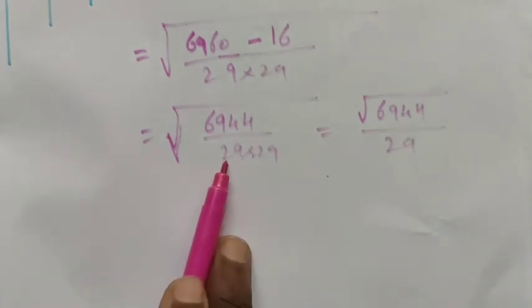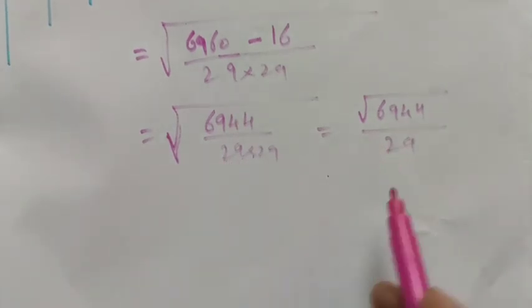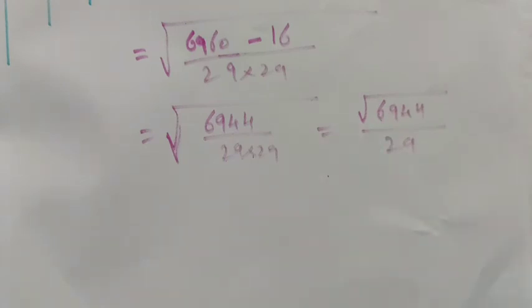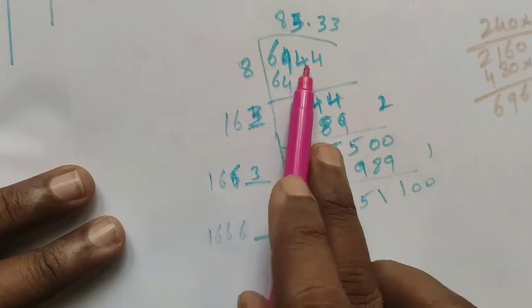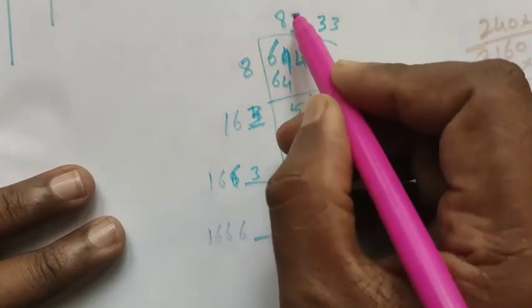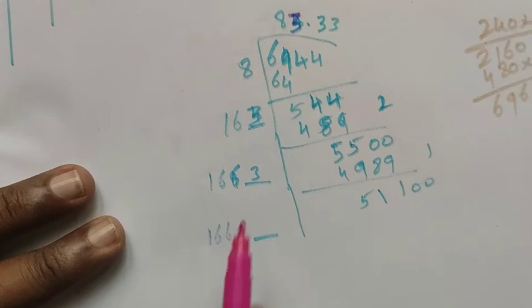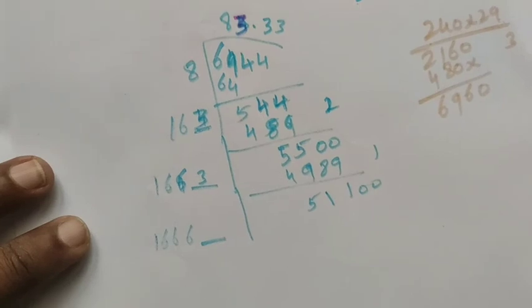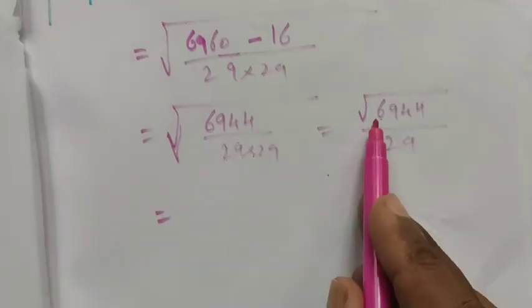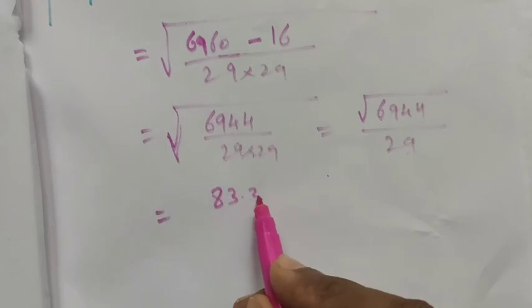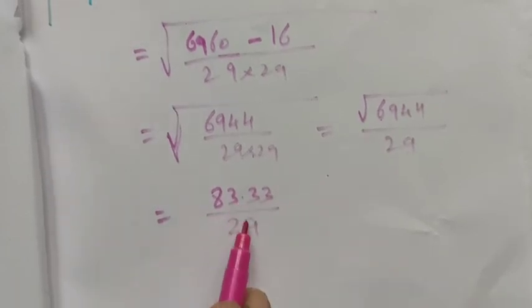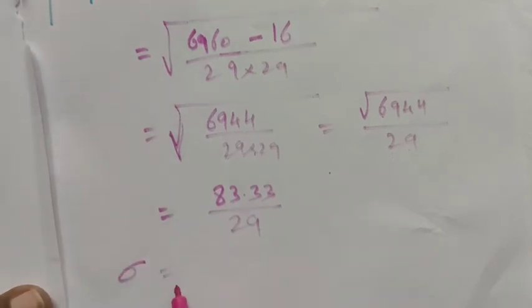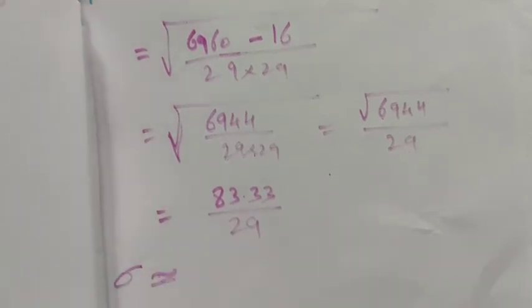The square root of 6944 is approximately 83.33. So we have 83.33 divided by 29.